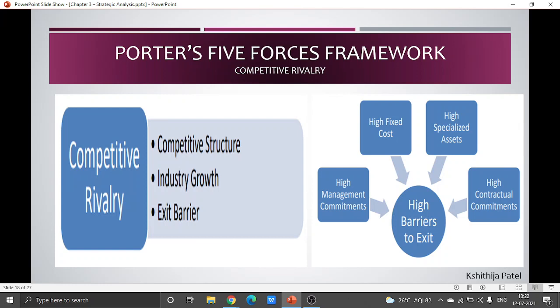Economic factors could be high investments committed to plant and machinery, which may not have alternative usage, deterioration of demand conditions, which results in excess capacity, or high fixed cost.